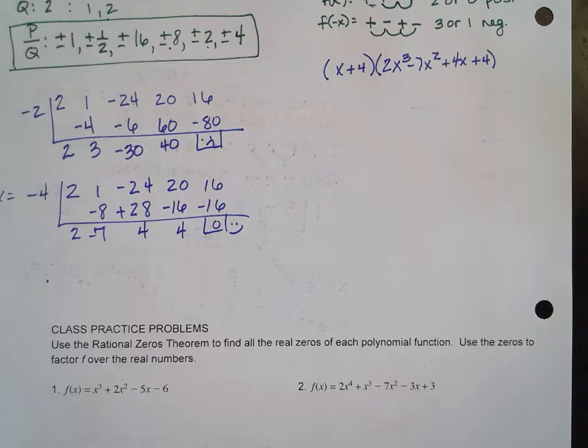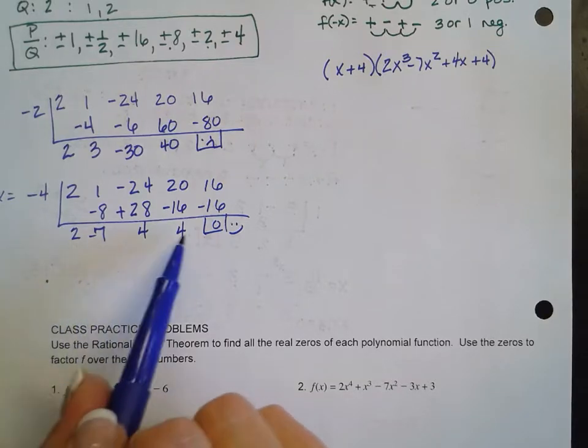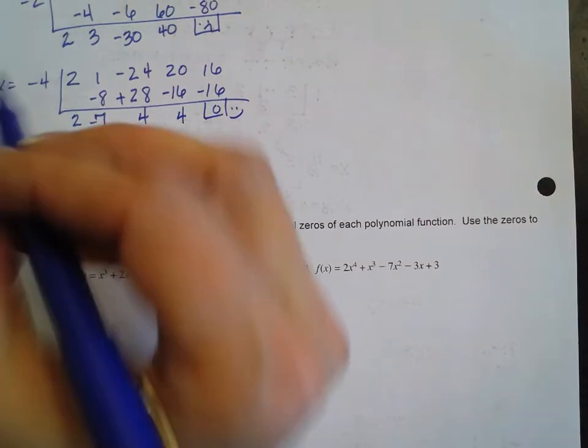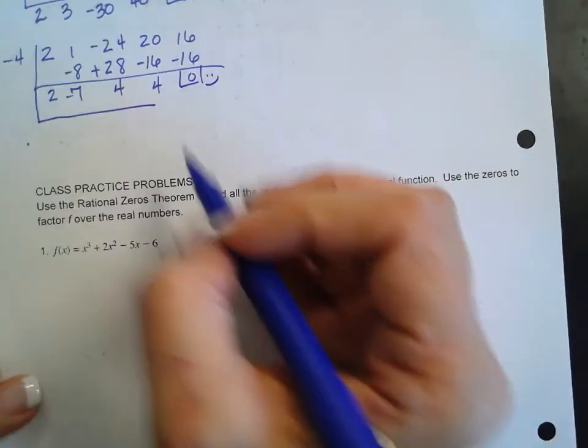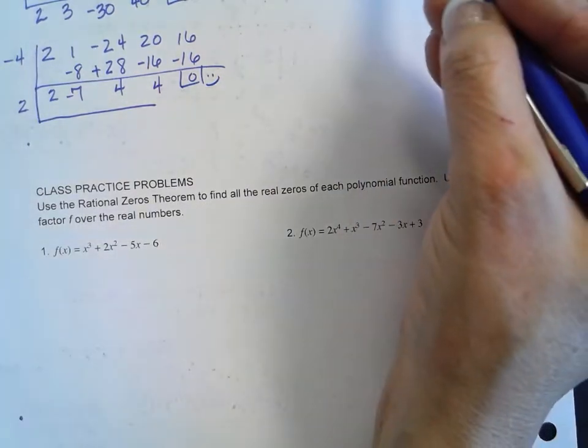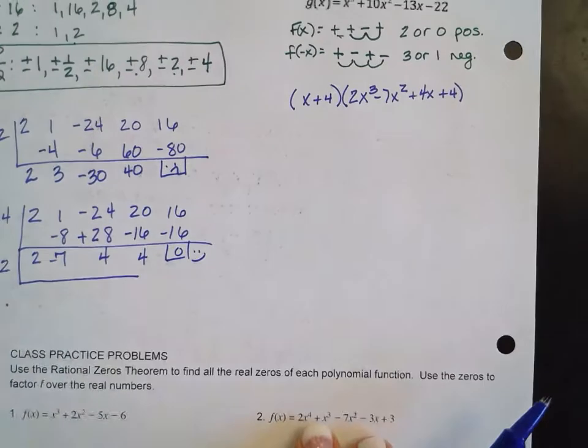Pick another number. You know what? Since we have all these even numbers here, let's try 2. We tried negative 2, but let's try a positive, because it says I could have 2 or no positives.